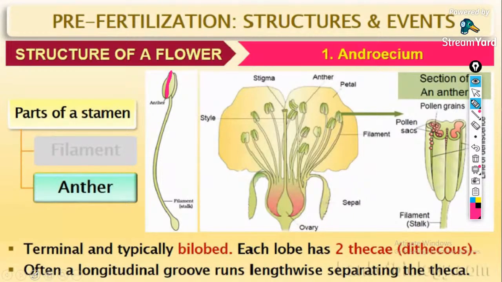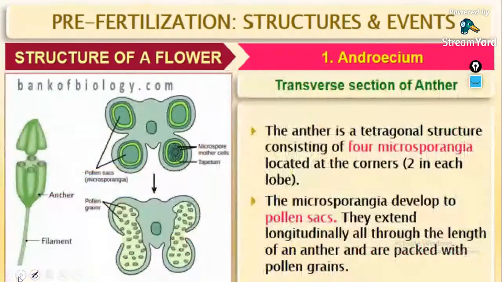Yes, so that's all about anther and filament. So again, I am repeating the same thing. Androecium is the male reproductive part of the plant. It consists of individual units called the stamens, and each stamen consists of two main parts, that is anther and the filament.